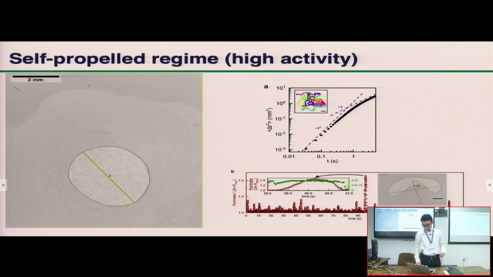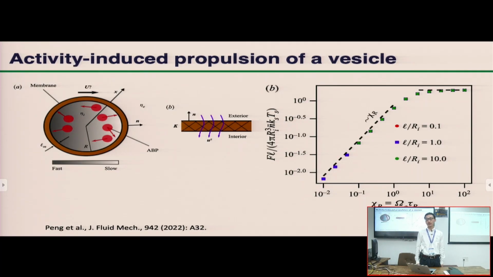Okay, so then you can also encapsulate these active guys in an actual vesicle instead of a droplet. Something like this. The vesicle is made of a membrane, okay? And you put particles in there. In this case, we can consider the simplest case where the membrane is not deforming, it's just a spherical vesicle for simplicity.